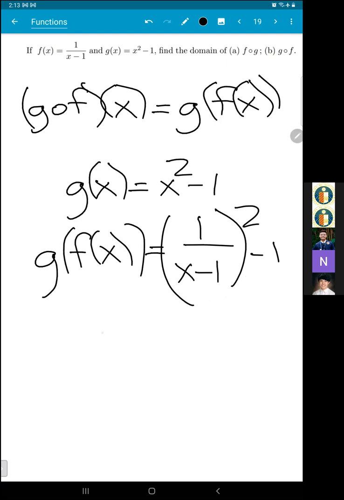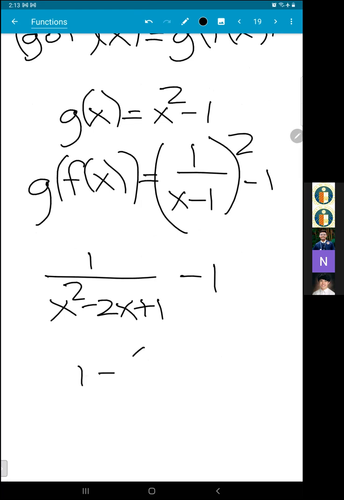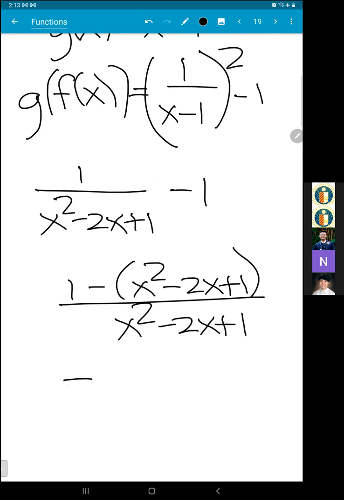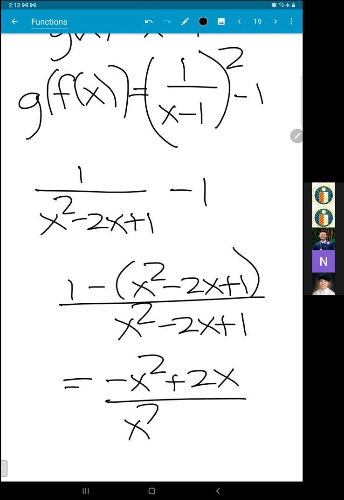You have to square this one. Anyway, it's just algebra. You square 1, that's 1. You square this one, that's x squared minus 2x plus 1. And then LCD, and simplification gives negative x squared plus 2x all over x squared minus 2x plus 1.